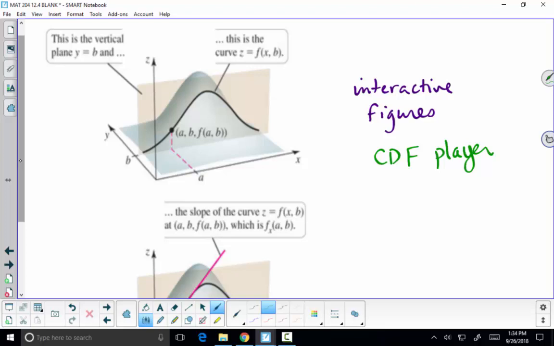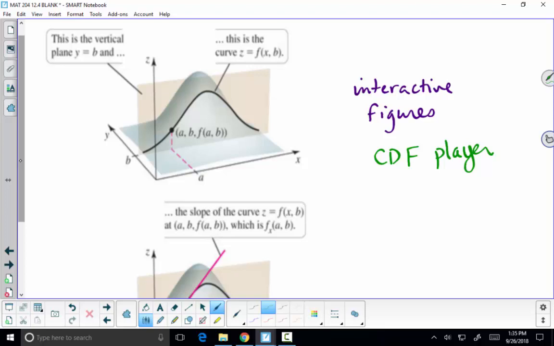So on this curve right here, we're finding f sub x at this point right there on the surface, which is also on this curve. Everybody follow that? That's the rate of change in the x direction. So we're imagining this intersecting curve through our surface in the x direction, going through the point that we're analyzing.